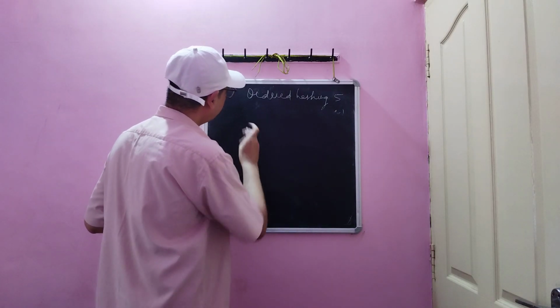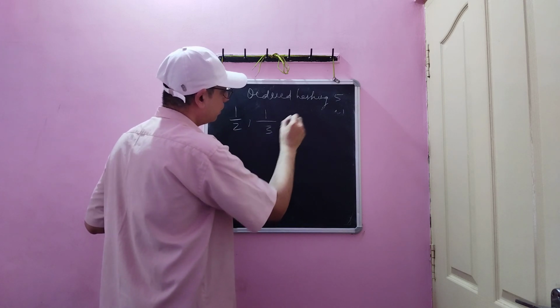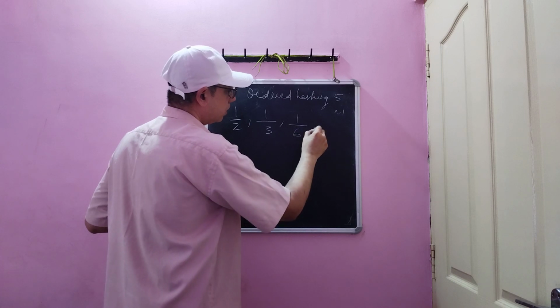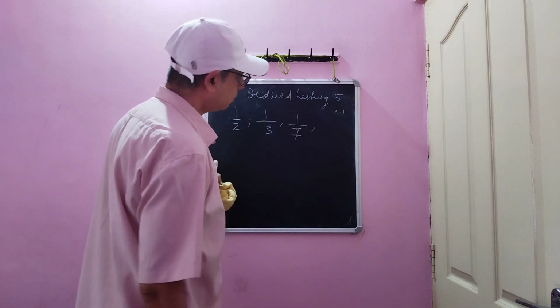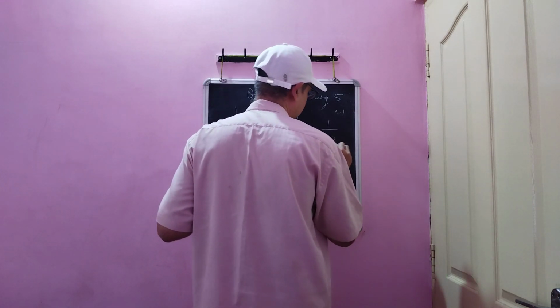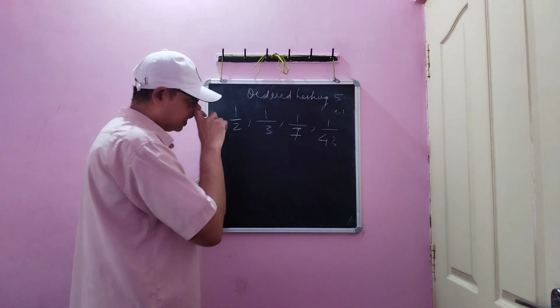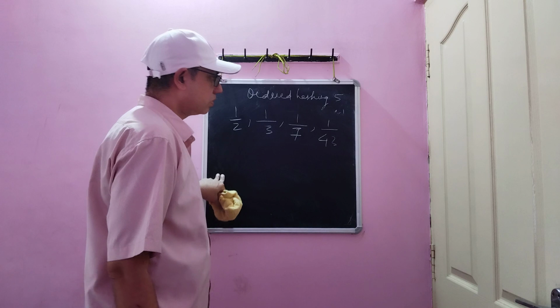Similarly, we will have the sequence of ratios here, half, 1 by 3, 1 by 7, and then we will have 1 by 43, and so on.